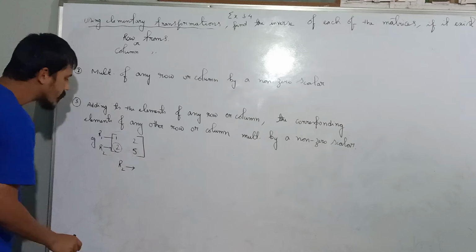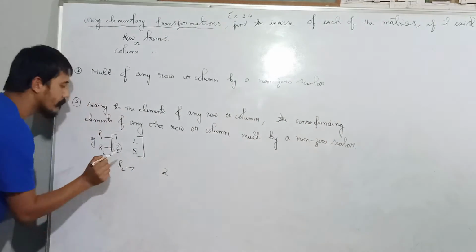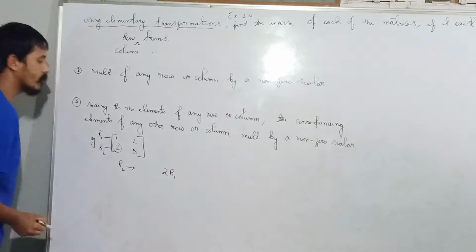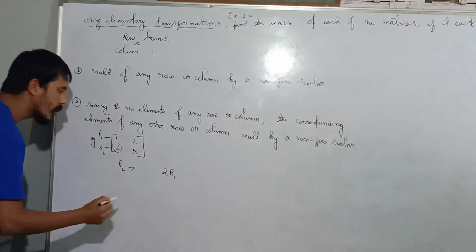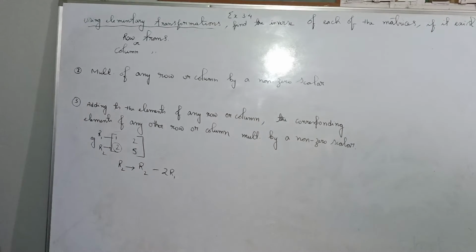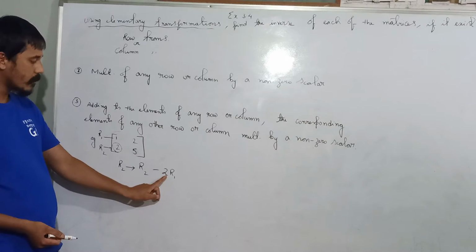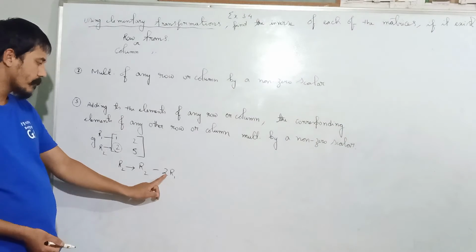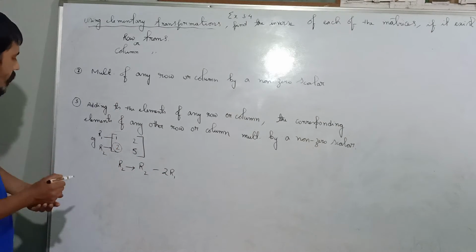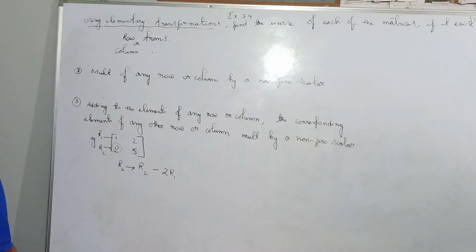So I'm going to simply multiply row 1 by non-zero scalar 2, and subtract it from row 2. Now, I'm going to multiply row 1 by any non-zero scalar and subtract or add it from row 2. Then in that case, this entry will become 0. That's what the third one means.